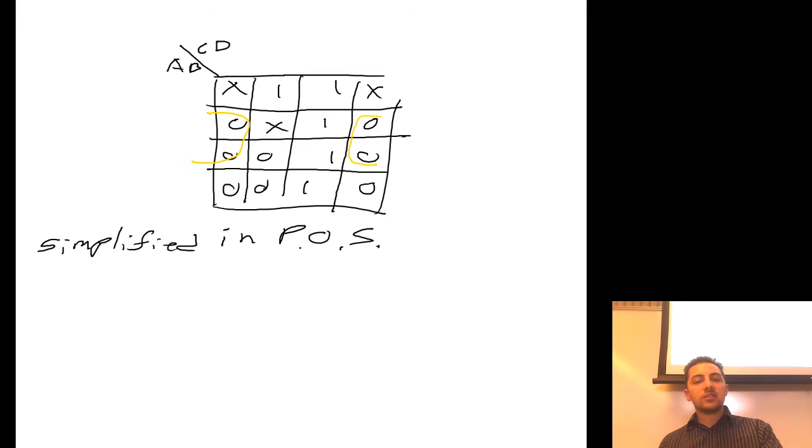Instead, though, I've got these don't cares, which affords me an interesting opportunity. Remember, we start looking for groups of 16, then 8, then 4, then 2, then 1. There's obviously not a group of 16 zeros, but with don't cares, there is a group of 8 zeros.